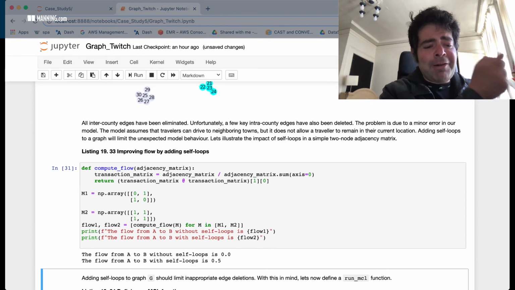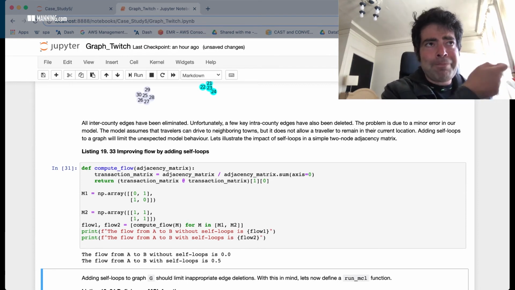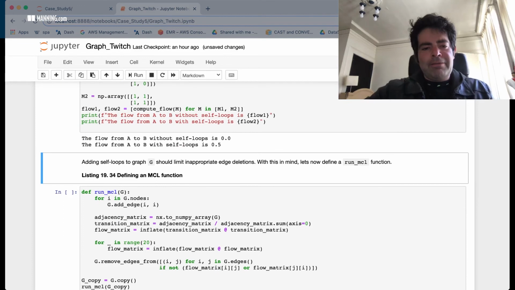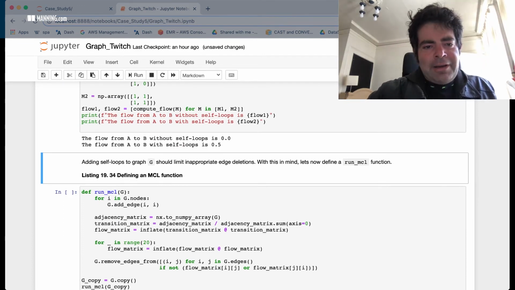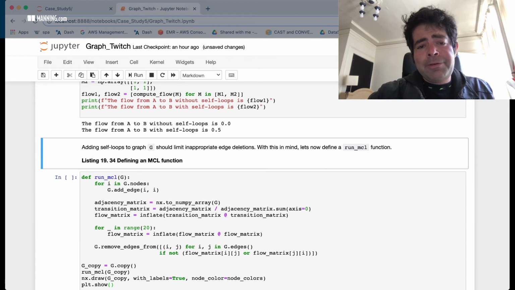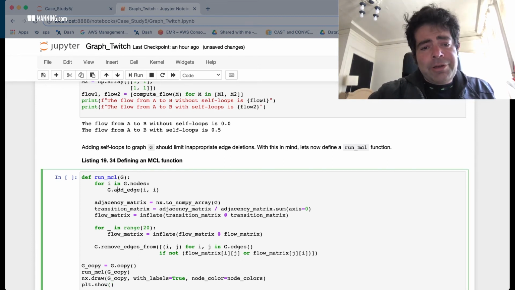In this sense, these self loops are the real missing piece that we need to implement Markov clustering, or MCL for short. If we implement it, then we can get the clustering right. So here we're going to define a run MCL algorithm. It takes a graph G and assigns self loops to all the nodes, all the towns in G, by adding an edge from node i to node i.